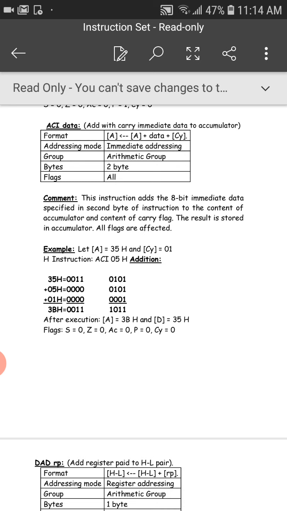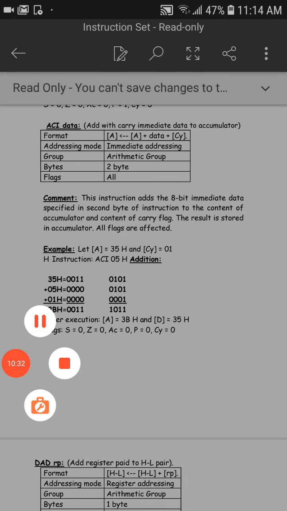A is equal to 35H and carry is equal to 01. So after adding we will get the result, that is 3BH, that is 1011. So after execution, the accumulator contains 3BH, D contains the same data, and S is equal to 0, Z is equal to 0, auxiliary carry is equal to 0, parity is equal to 0, and carry flag is 0.